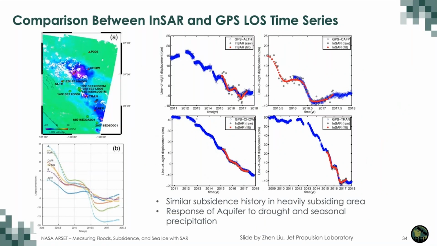These are comparisons between the radar InSAR time series and more GPS stations, and we can see the very close match between the GPS and the InSAR, both on the overall long-term subsidence and the seasonal cycles.